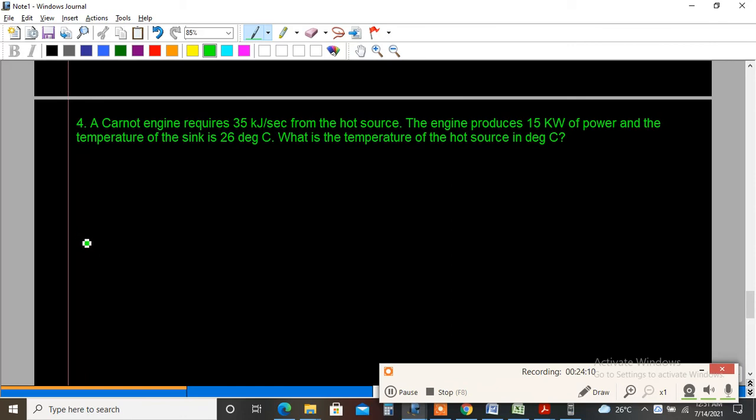So TH is being asked. TL is given, which is 26 degrees Celsius. Plus 273, we will have the absolute value, that is 299 Kelvin.